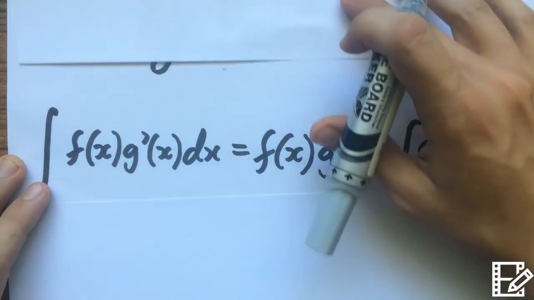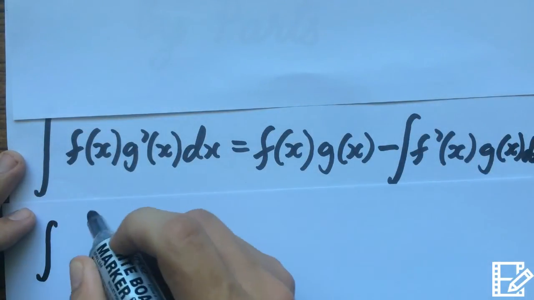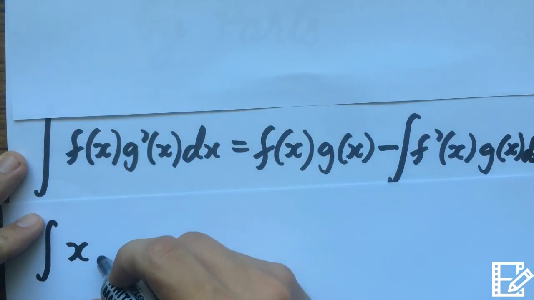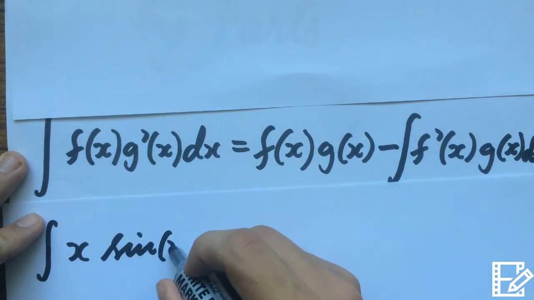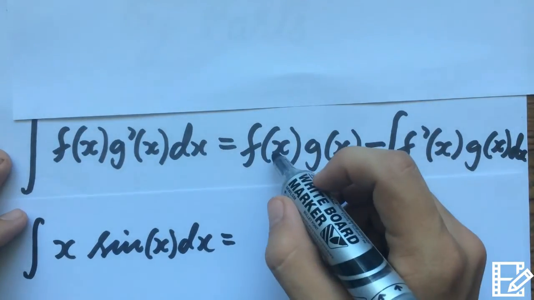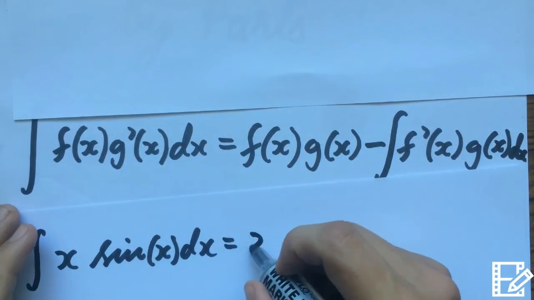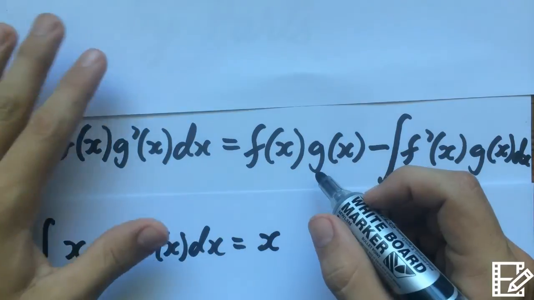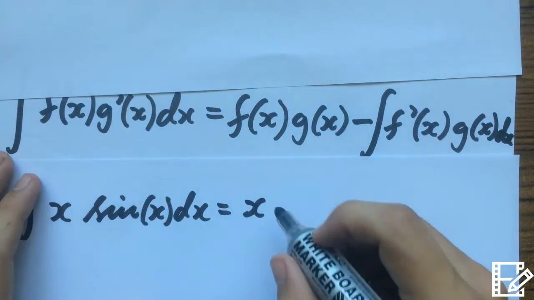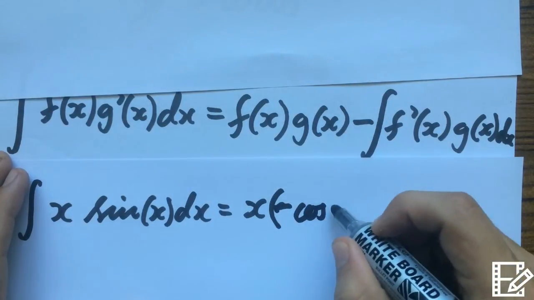We have the integral of f(x), we call that x, and g dash of x was sine x, and that equals f(x). Well, we said that f(x) was x, and g(x) we said before was negative cos x, so that's what we're going to write. We're going to multiply x to negative cos x.